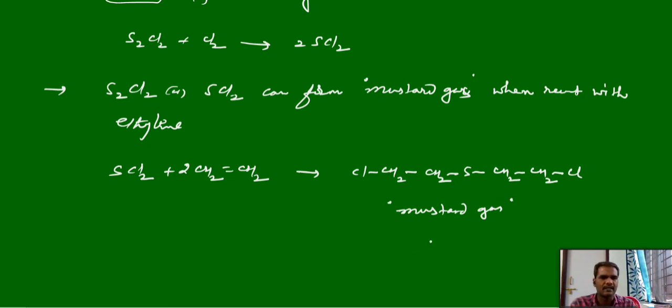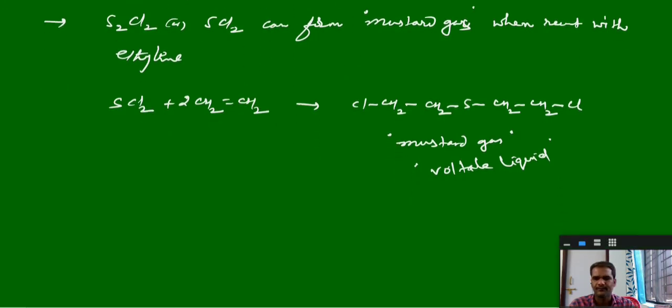So actually it is not a gas, it is a volatile liquid. But the name is mustard gas, though it is a volatile liquid. Sometimes they ask the question, among the following which are the gases? If they give mustard gas, this is not a gas, it is a volatile liquid. These are the few important points about the dihalides.